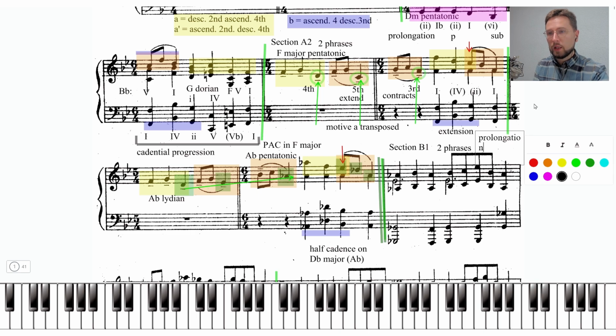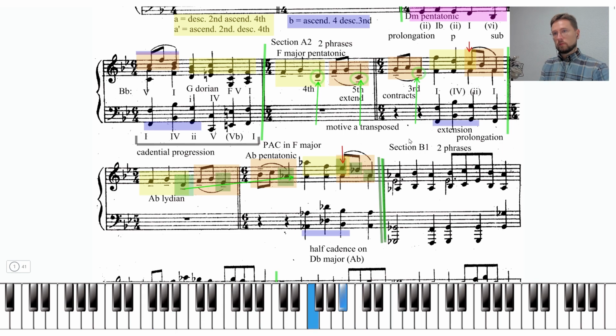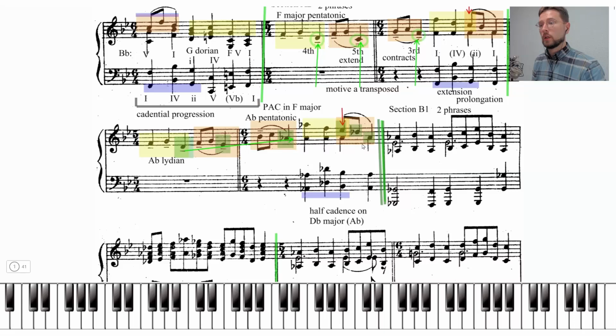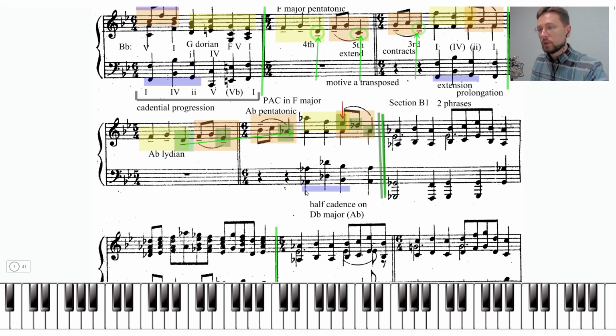But really it's not any cadence. If you want to look at it as a cadence, it's a very modern sounding cadence. And really the cadence, we had it here. That one really sounded like a cadence. So the next one is a prolongation of the A flat.